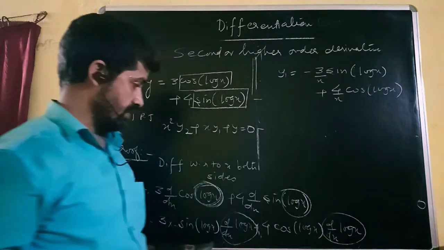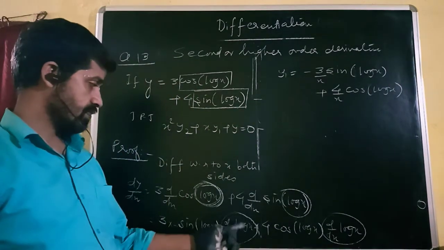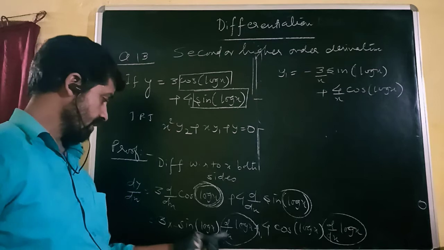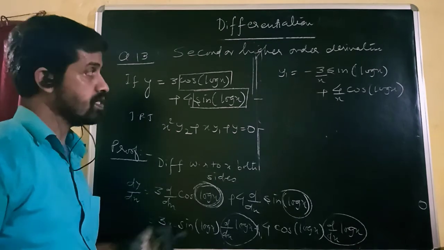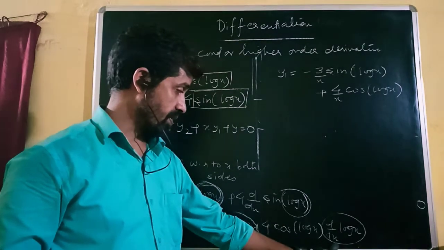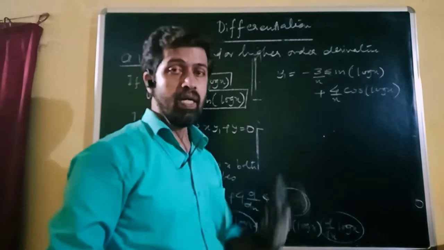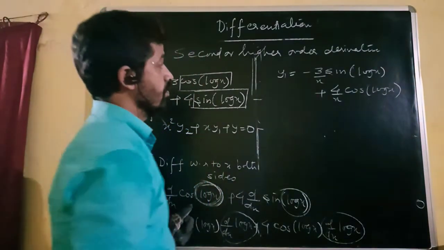You might have understood, I hope. Still I repeat it. This becomes 1 by x, so that 1 by x I have multiplied to 3, so that becomes 3 by x, and likewise here this became 1 by x multiplied to 4, so that's why it became 4 by x.